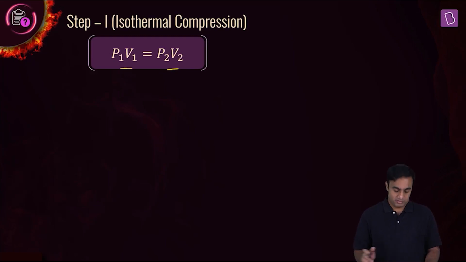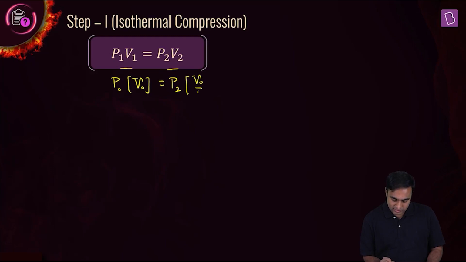The initial pressure, which is P0 from the given data, and the initial volume V1 is V0. P2 is the final pressure at the end of this process, and V2 is given to us. It is V0 by 4 at the end of this process. Now let's find P2. From here we get P2 to be 4 times P0.